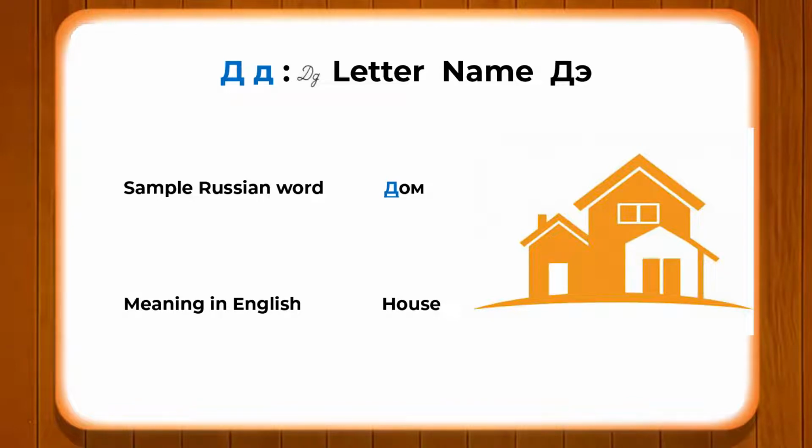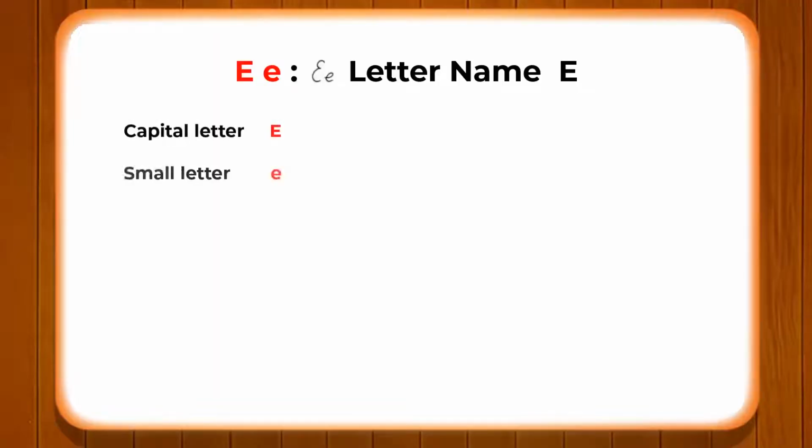Why? Because as per the rule of the Russian language, whenever there is a stress, it will always fall on a vowel and never on a consonant. So, keep this fact in mind, so that whenever you are exercising or trying these new words or letters, you pay attention to where the udarenie, or the stress, is falling. All right. So, let us go to the next letter.